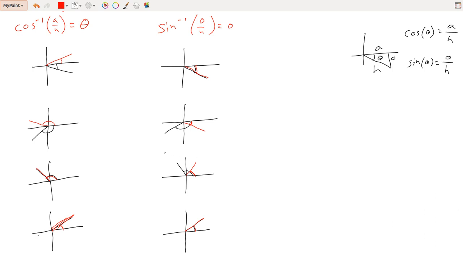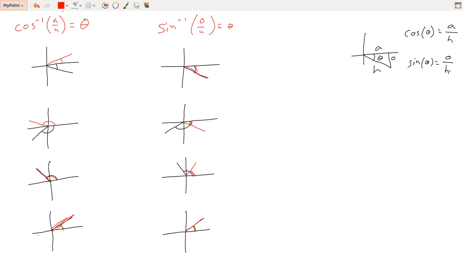One thing, I wrote 0, but it should say theta. One thing that we can see from this is, if we have the value here for opposite over hypotenuse, if we know that ratio, then we don't really know the angle. We only know it's one of two cases.